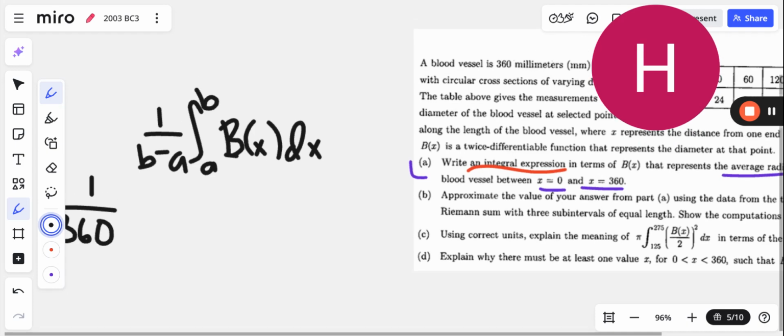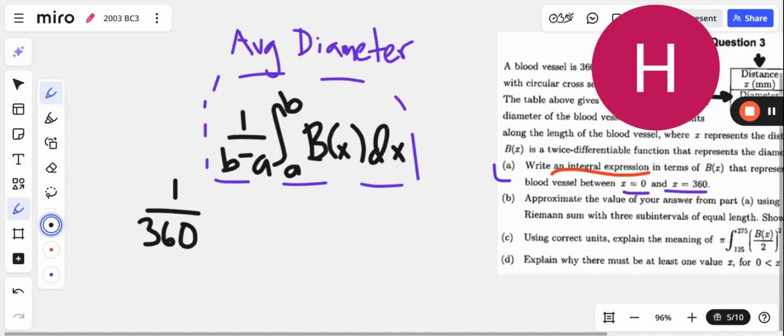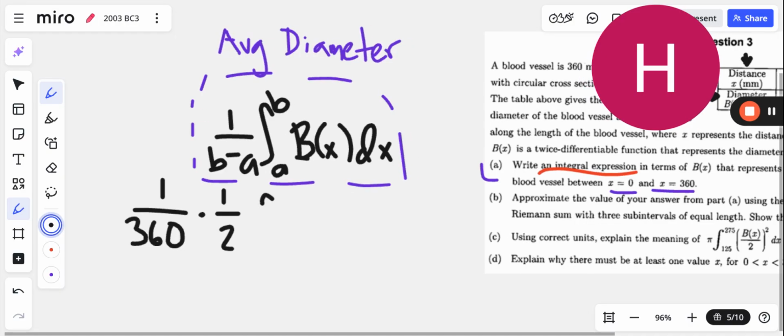Right, but this gives us the average b of x, which means it gives us the average diameter. We don't want the average diameter. We want average radius. So we're going to get the radius from the diameter by dividing by 2. So we're going to multiply by an extra 1/2, and then integrate from 0 to 360 of b of x dx.